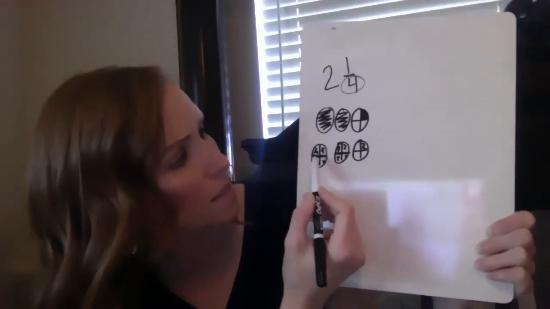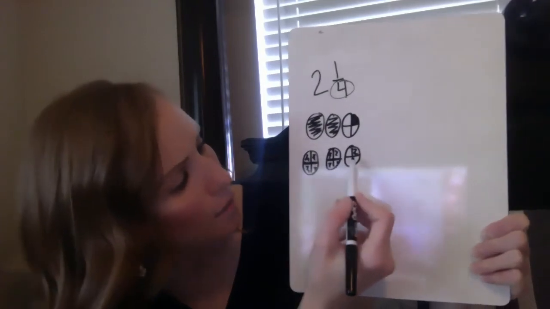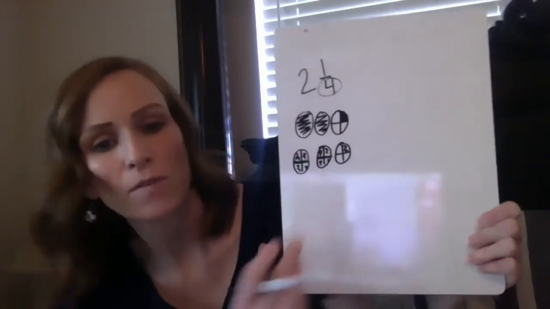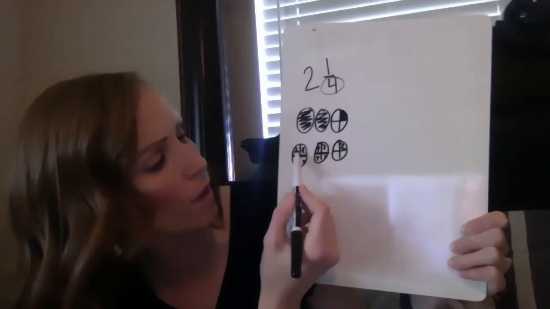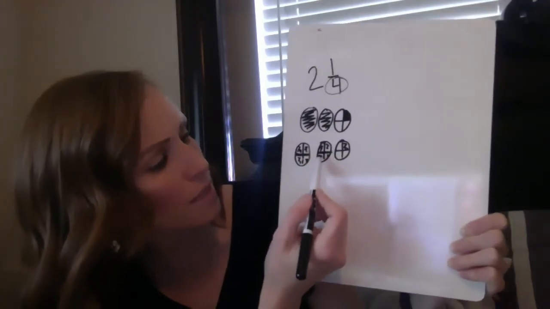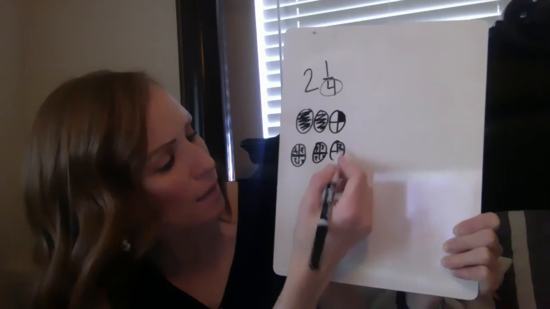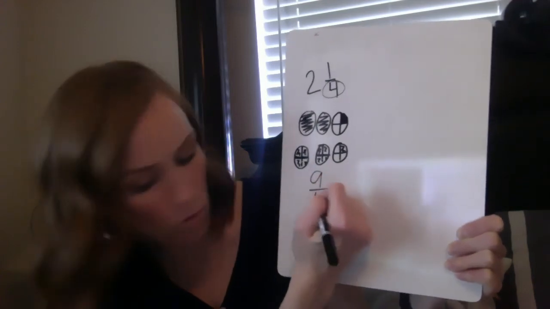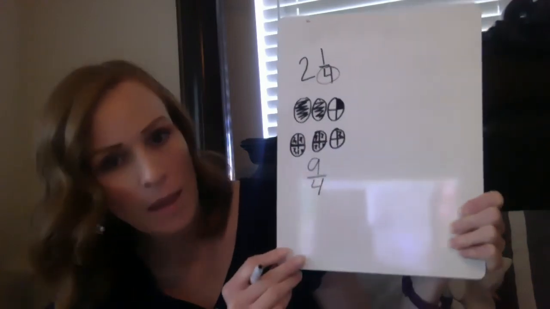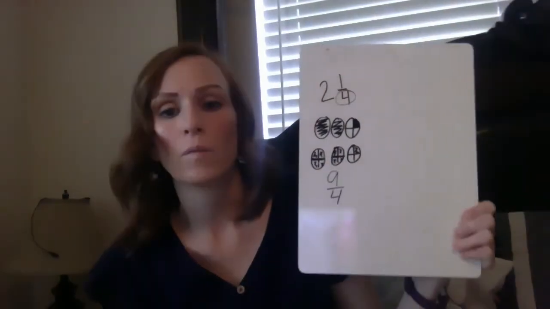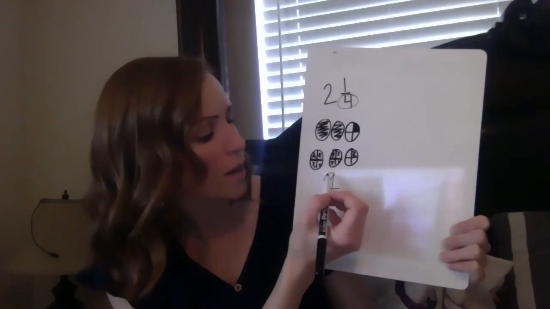So this is still 2 full circles shaded and then 1/4. But as we can see, if we've divided it into fourths, we have 1, 2, 3, 4, 5, 6, 7, 8, 9 fourths shaded.